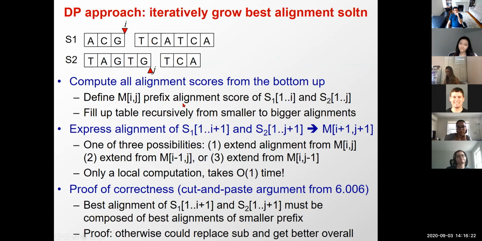Okay? So we're computing all the alignment scores from the bottom up. We're defining this prefix alignment score. We're filling up the table recursively, and we're expressing the alignment as a function of the previous entries. We only have 3 options, and it's only local computation. Okay?